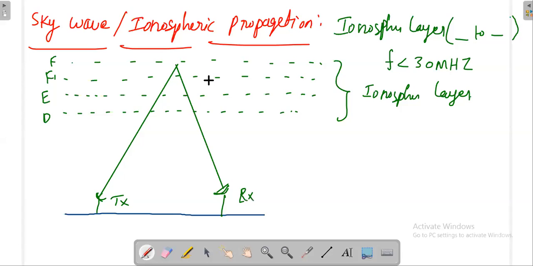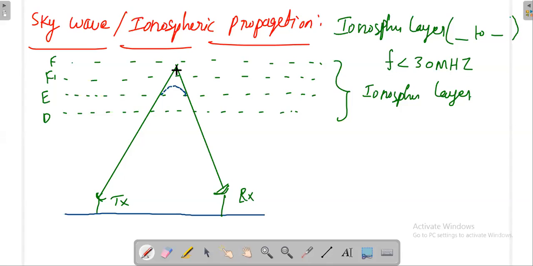Your wave will get bent here in this manner. In reality it will have smooth bending, but for calculation purposes we are just extending it a little bit. Actually this looks like it is going to another layer, but in reality it will not.